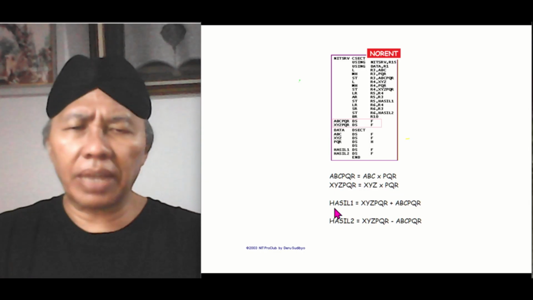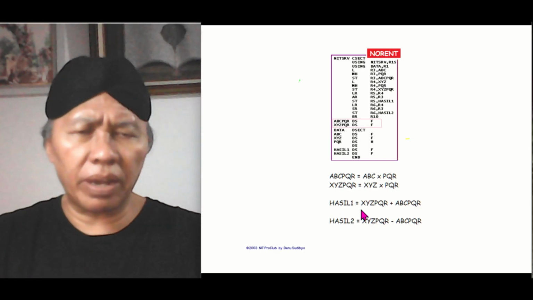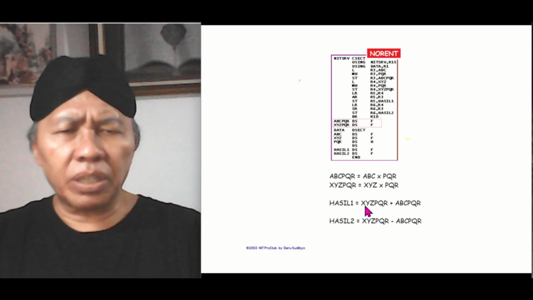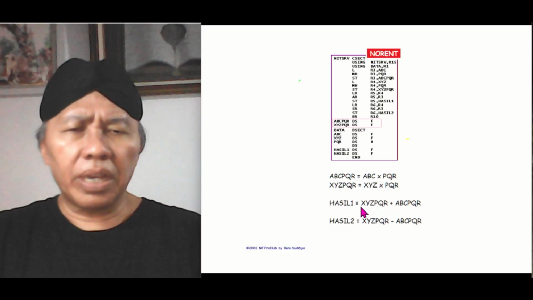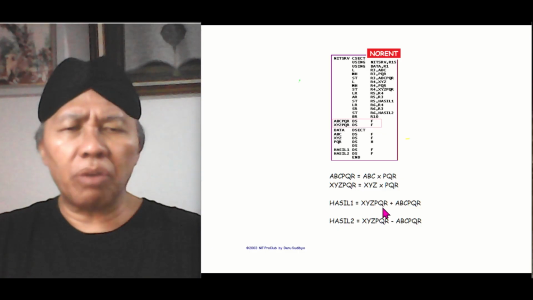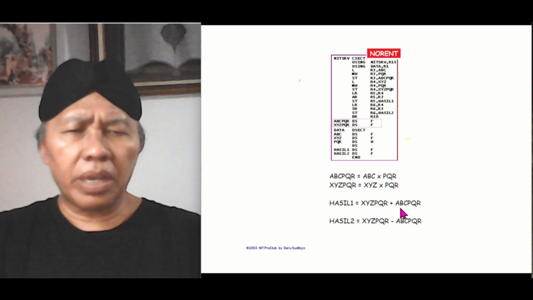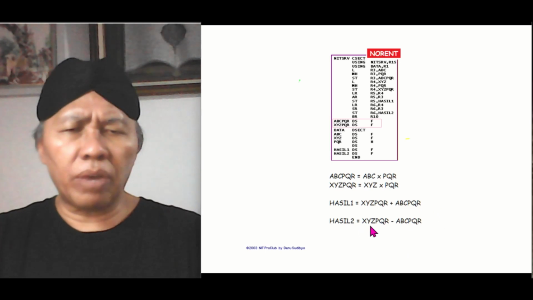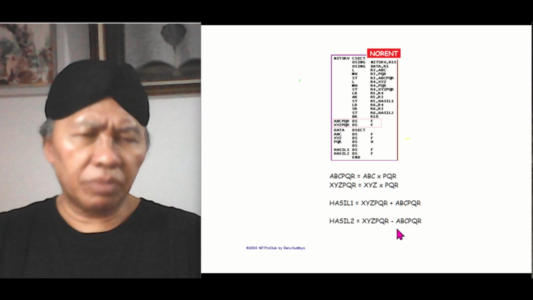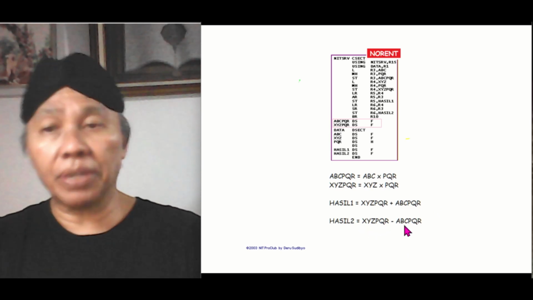Then the final step is to calculate hasil 1 as the result of XYZ PQR plus ABC PQR, which is actually XYZ times PQR plus ABC times PQR. Hasil 2 is XYZ PQR minus ABC PQR.